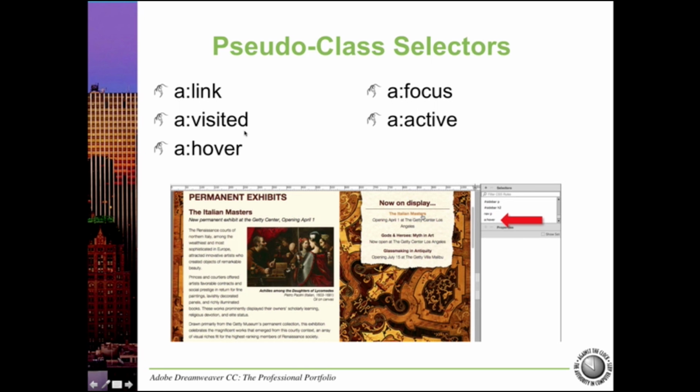The A:hover selector, which is when you mouse over an element by hovering over the link. And then the A:focus is when, for example, you're using the tab key to navigate through your links on a page. The A:active selector is the active hyperlink.